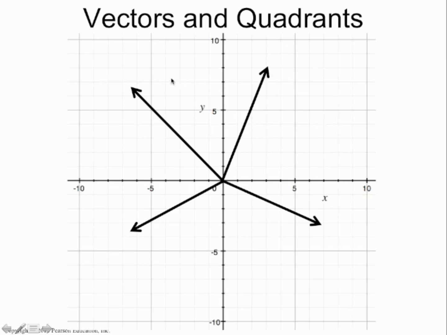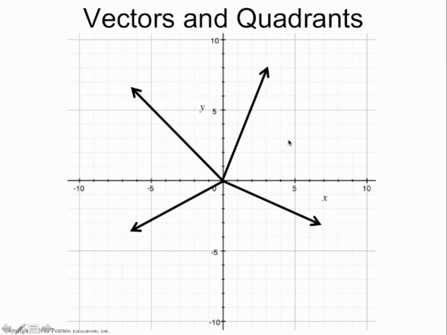What I'm circling now is quadrant 2. Now quadrant 3. And finally, quadrant 4. So it's 1, 2, 3, 4 counterclockwise from quadrant 1.